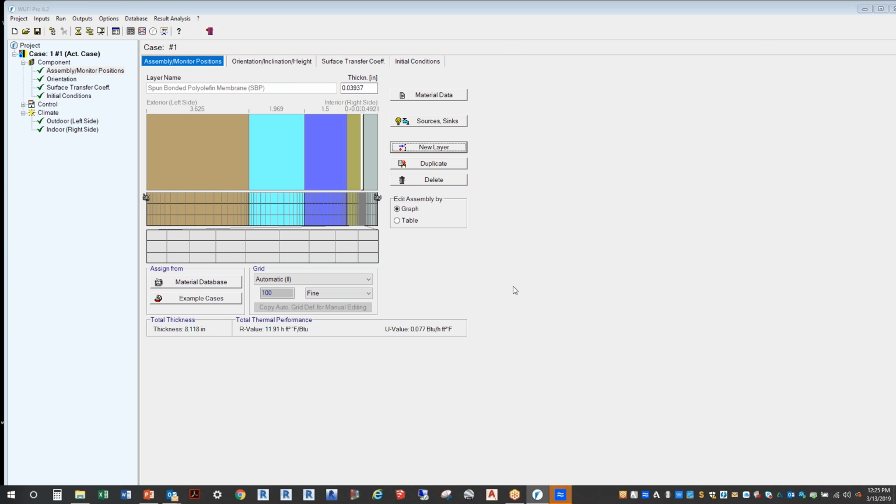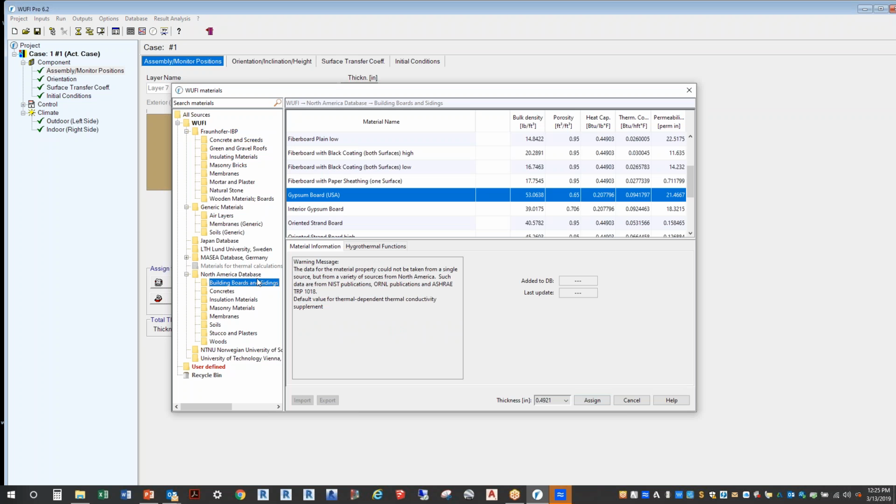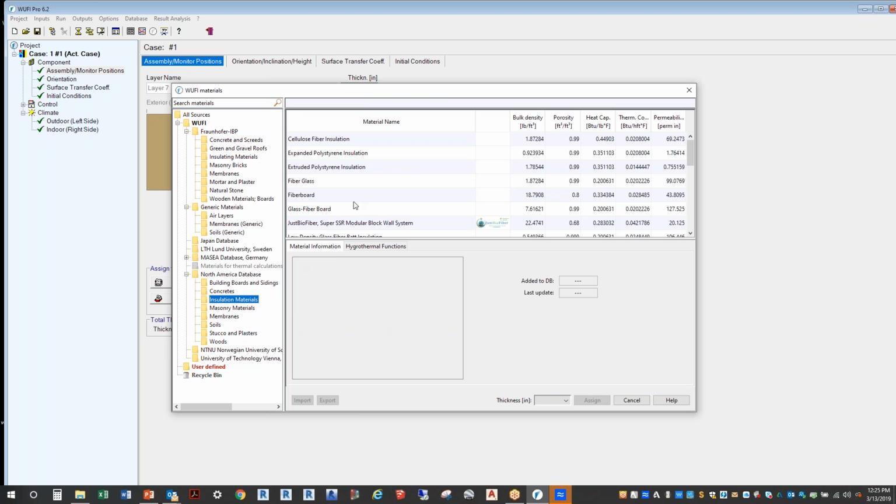Sometimes doesn't the insulation have a factor if there's bad insulation? Well, I'm not showing that, but I can. So if I insert a layer here, a new layer, I'm going to move that over to here. And I'm going to go to insulation materials.